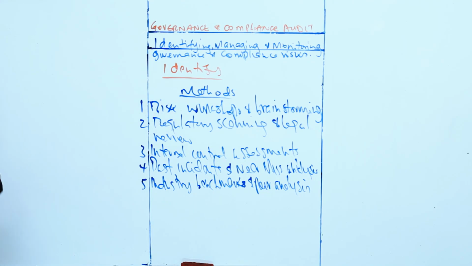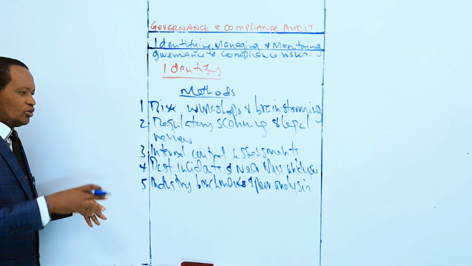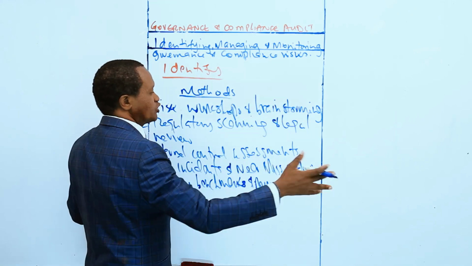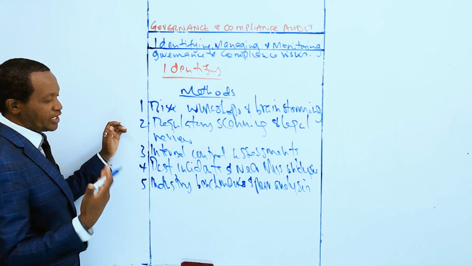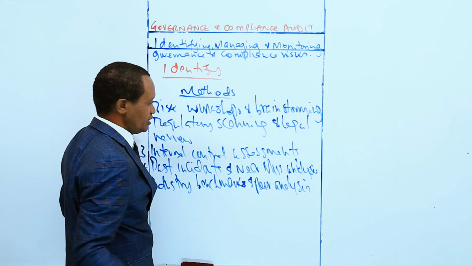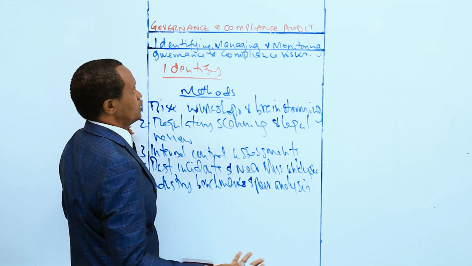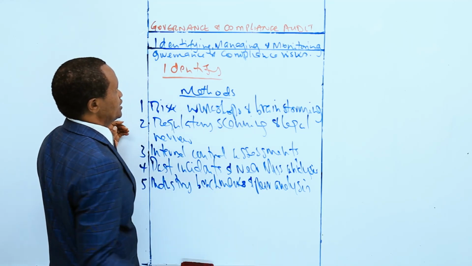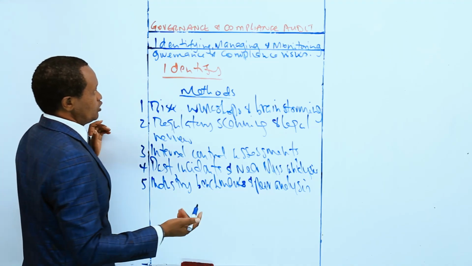This means comparing the organization's governance practices and compliance track record against industry peers and best practices, or just learning from compliance failures or governance scandals of other organizations, both locally and internationally. Because what befalls other companies can also befall your company. So you look at what other companies are grappling with. That can give you a hint of what you may expect in your organization in terms of identification of governance and compliance risks.